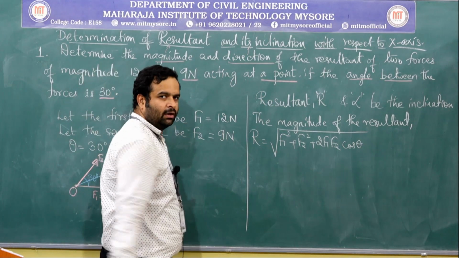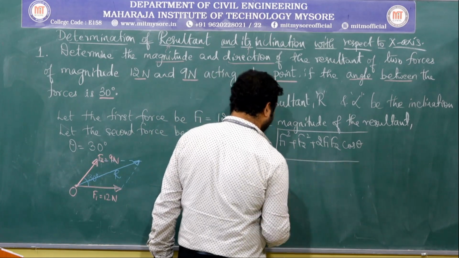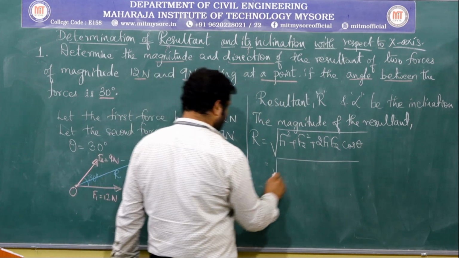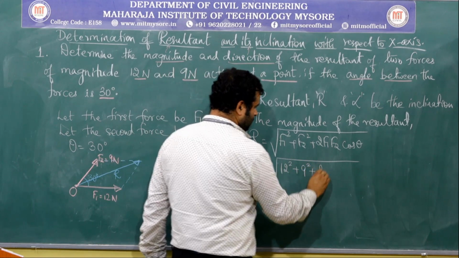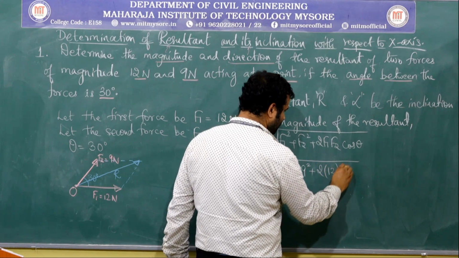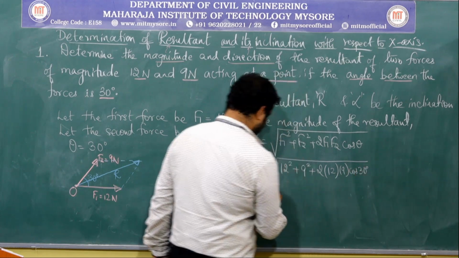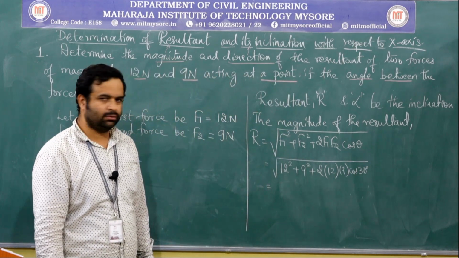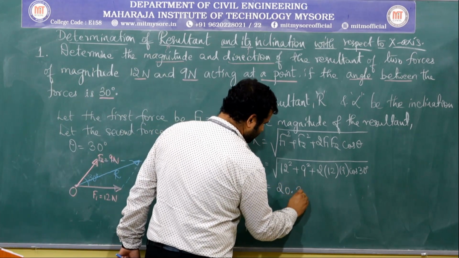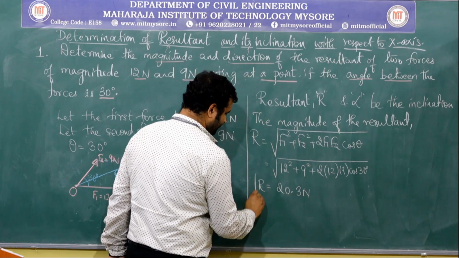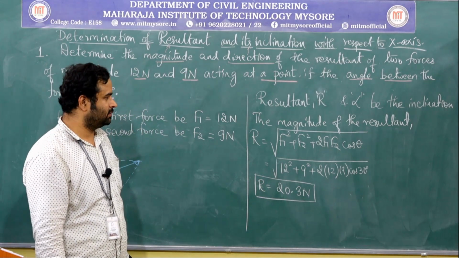So, this is from the parallelogram law of forces. Now, if we substitute the values of F1 and F2 and theta, so F1 is 12 square plus 9 square plus 2 into 12 into 9 into cos of 30 degree. So, this will be equal to 20.3 Newton. This is the magnitude of the resultant R.